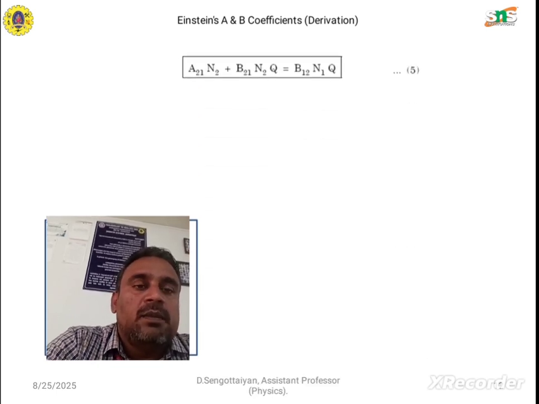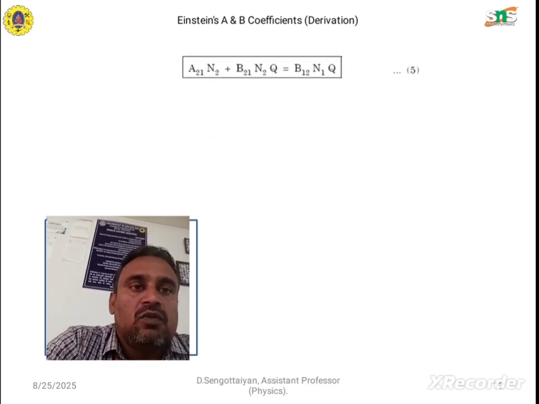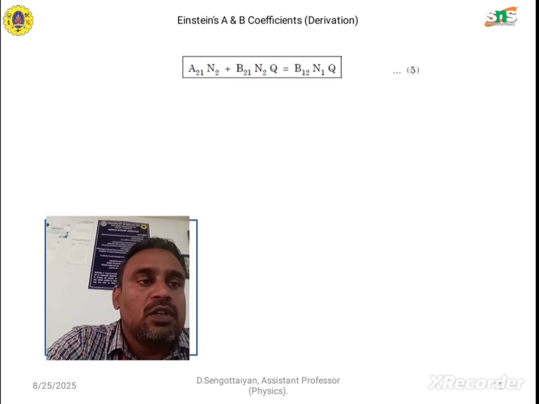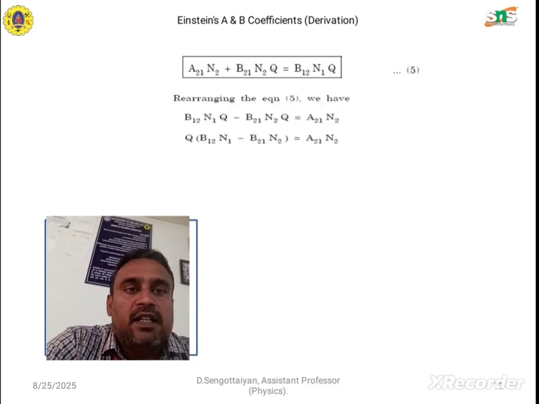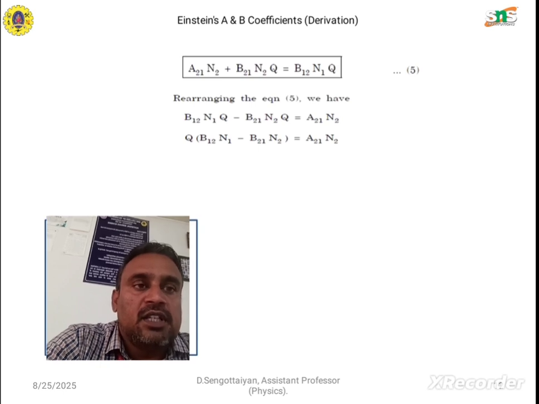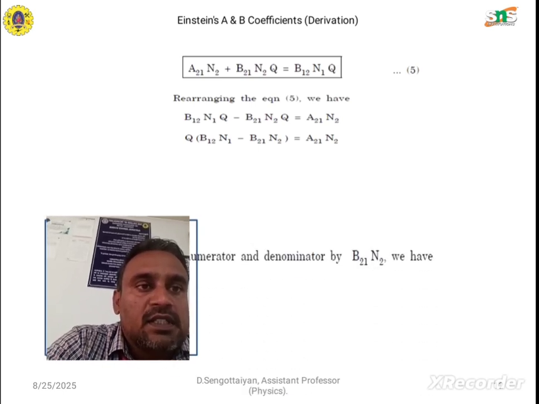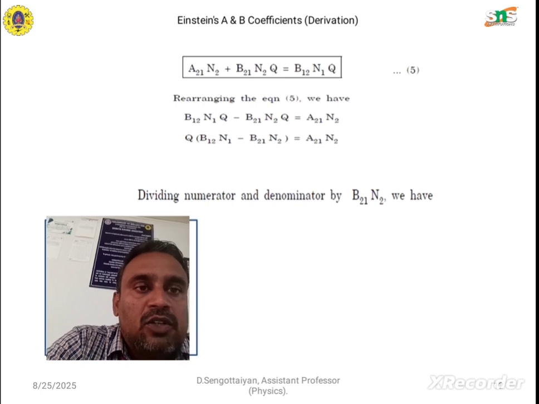Then at equilibrium condition, the equation is A21 N2 plus B21 N2 Q is equal to B12 N1 Q. That means spontaneous emission plus stimulated emission is equal to stimulated absorption. Then rearranging the above equation number 5, B12 N1 Q minus B21 N2 Q is equal to A21 N2.